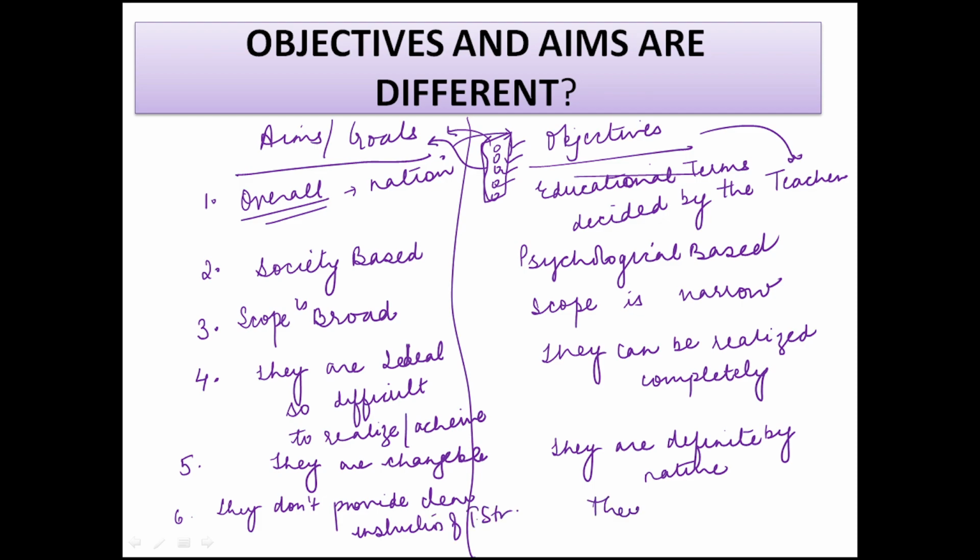Objectives have clear instructions, because we know what strategies and methods we can use for achieving such objectives. So objectives give clear instructions about teaching strategies, but aims and goals don't provide anything certain about teaching strategies. So these are the differences between goals, aims, and objectives.